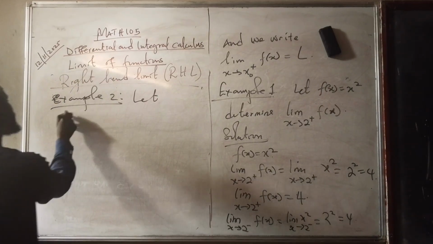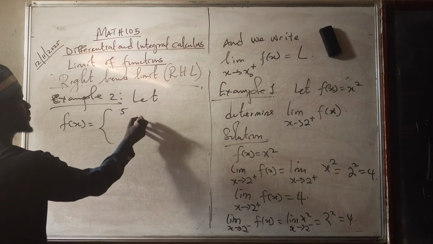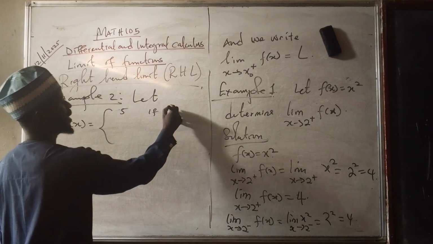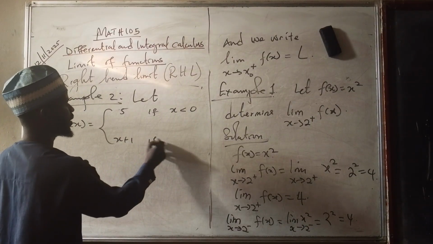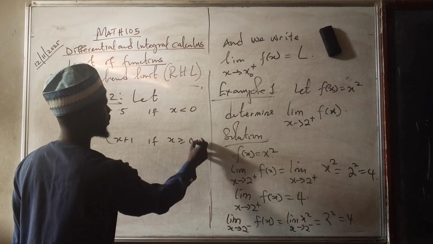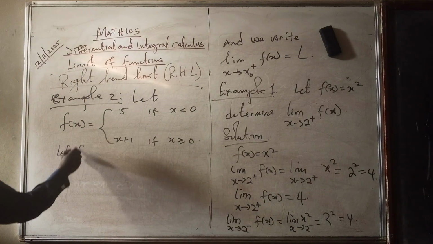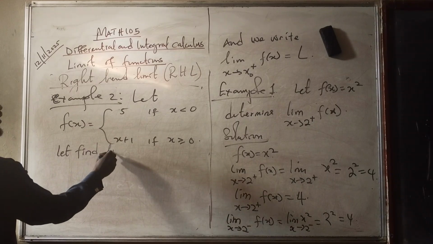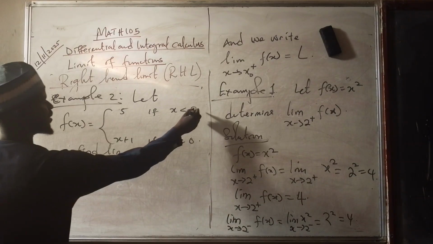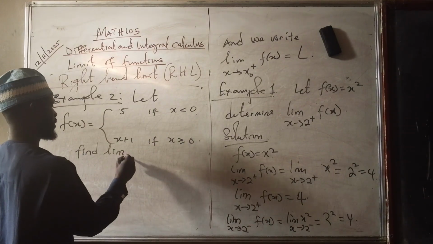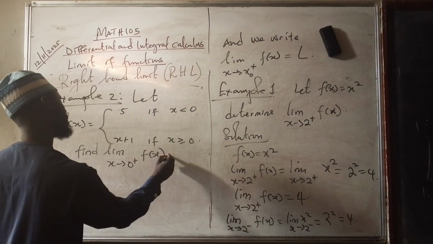So let f of x be equal to the piecewise function 5 if x is less than 0, and x plus 1 if x is greater than or equal to 0. So let's find the limit to the right of 0 of f of x.